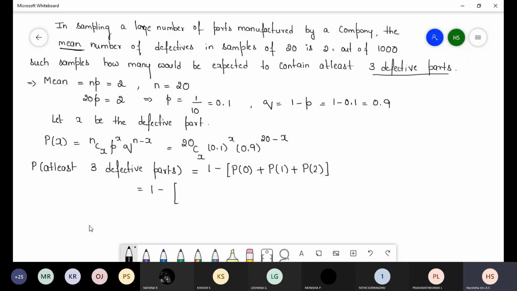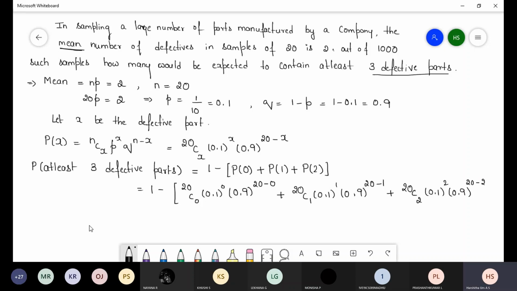So 1 minus, 20C0 for the first term, 0.1 whole power 0, 0.9 whole power 20 minus 0, plus 20C1, 0.1 whole power 1, 0.9 whole power 20 minus 1, plus the last one, 20C2, 0.1 whole power 2, again 0.9 whole power 20 minus 2. After solving all these terms, we get the value 0.3230.